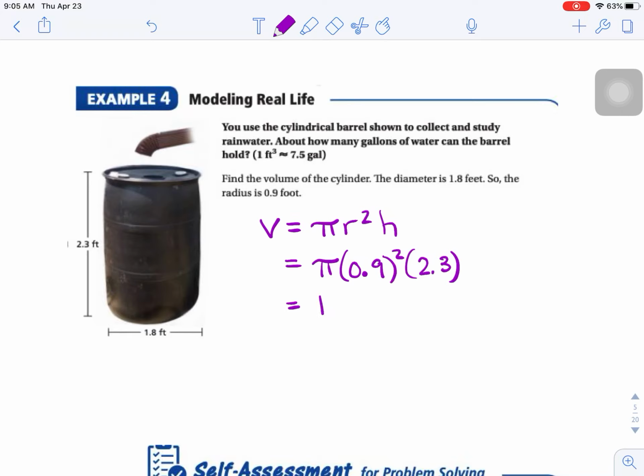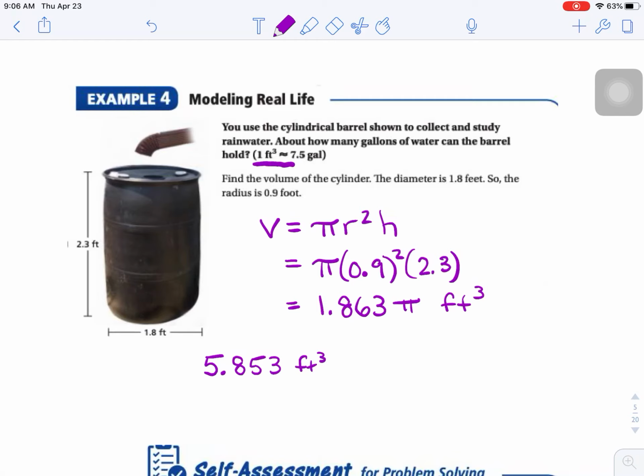So we get 1.863 pi, and that is in feet cubed. If we multiply that out, we get about 5.853 feet cubed.